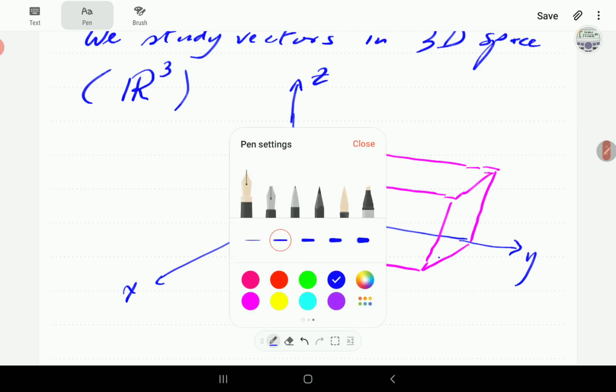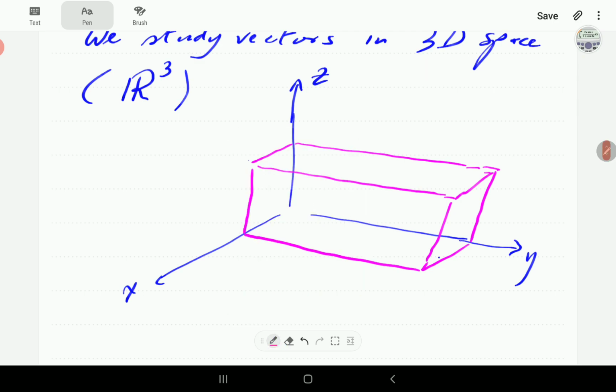Let's imagine that the sides of this cuboid are 2, 3, and 6, and this is our point, let's call it P. So the coordinates of P are: the x coordinate is 2, the y coordinate is 6, and the z coordinate is 3.